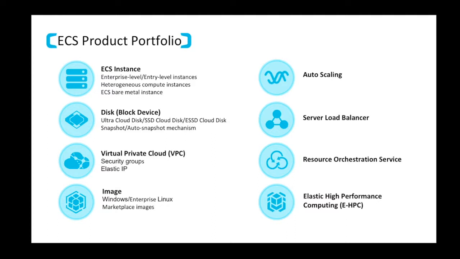Okay, besides the various ECS instance types, since the creation of ECS services, we've added a lot of features on top of it. Currently, ECS provides a rich product portfolio in order to fulfill the different requirements of the complex business world. On the left side of the slide, there are the most basic components of a virtual server.